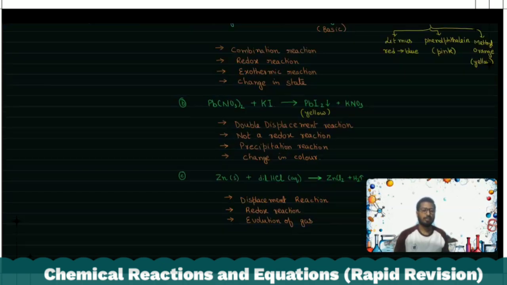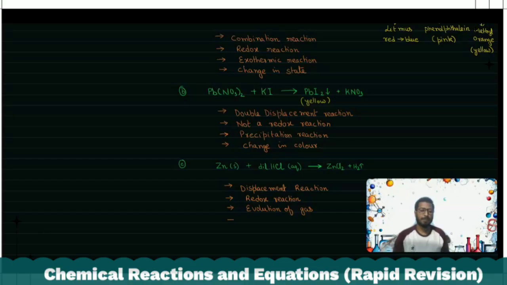Then we will be seeing H2 will give a pop sound. This is the identification test used for hydrogen gas. And the last one, what can we add? Is it exothermic or endothermic? We will observe that if we touch the glass container, heat is evolved, heat is given out. So it will also be considered an exothermic reaction.